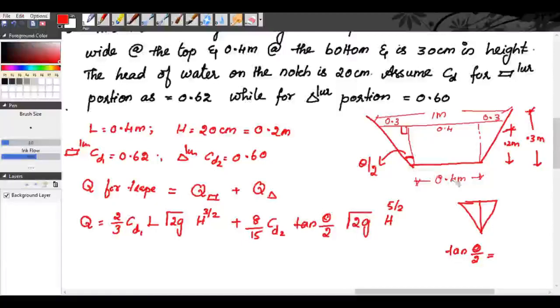This is 0.3, this is 0.3. Tan theta by 2 is equal to 0.3 divided by 0.3. So this is 0.3, this is also 0.3. Okay, the water is flowing, up to this is 0.3. The water is flowing to a depth of 0.2 meter.